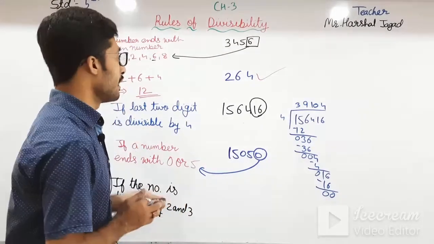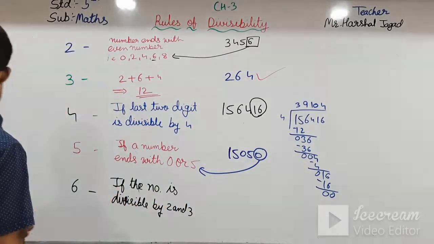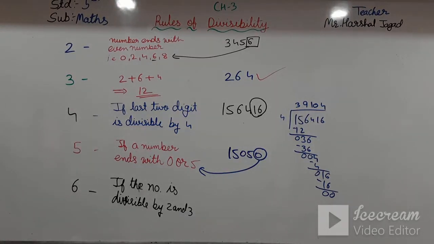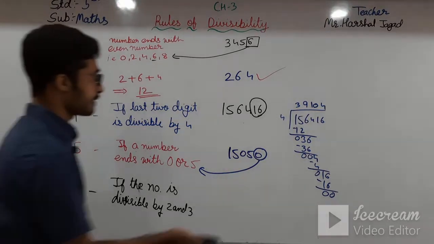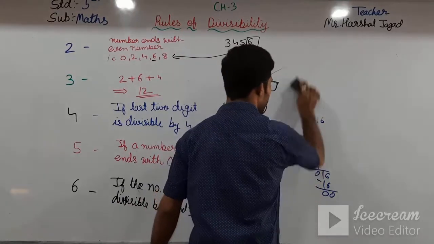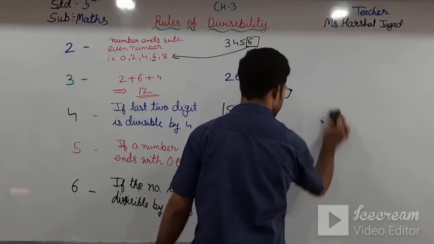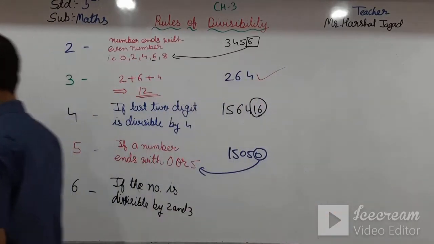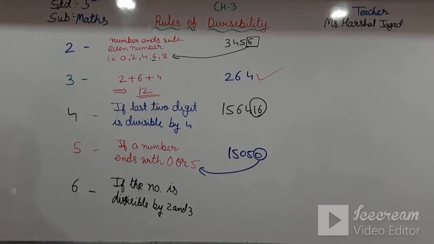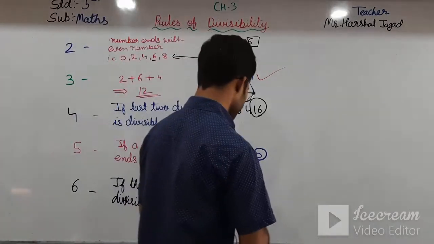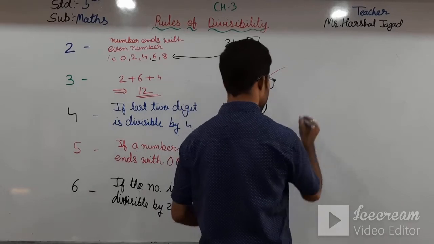How? If there is a number, I am just taking a number from your textbook, that is 486. A number is given in your textbook as an example.